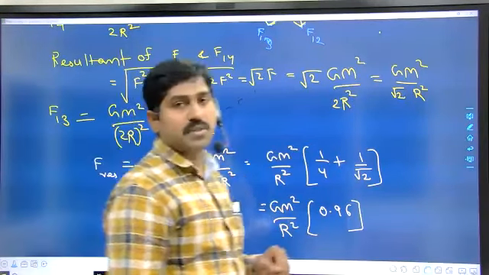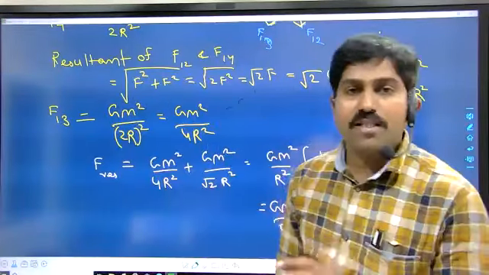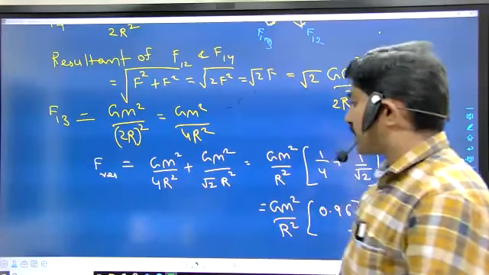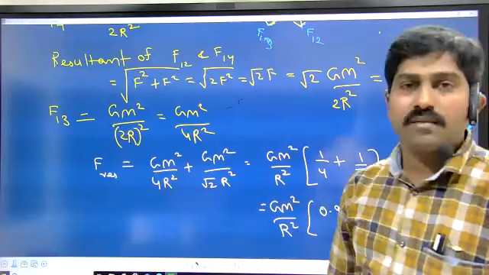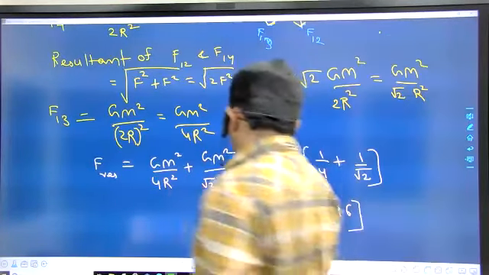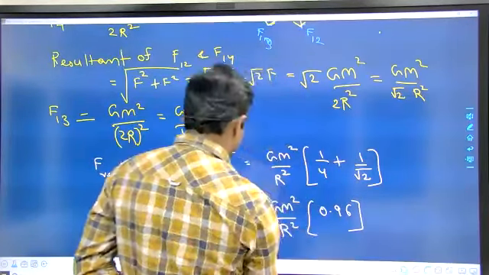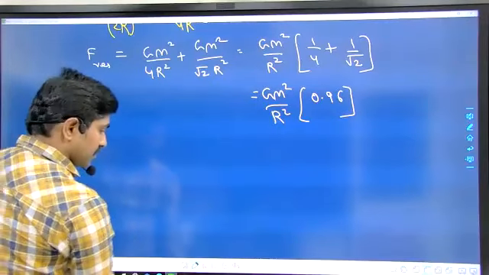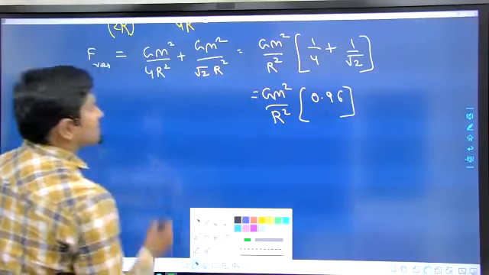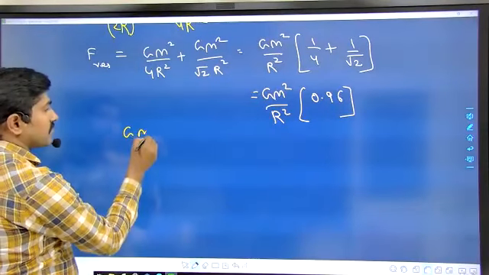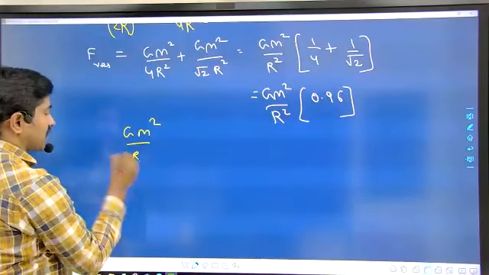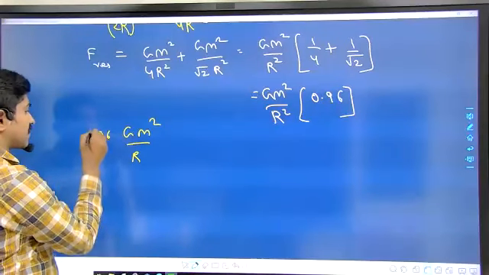But they're asking here the question, with what speed all these particles revolve? Okay, that means the resultant force only causes the centripetal force. You have to equate this centripetal force with this equation. So G m square by r square, of course 0.96.